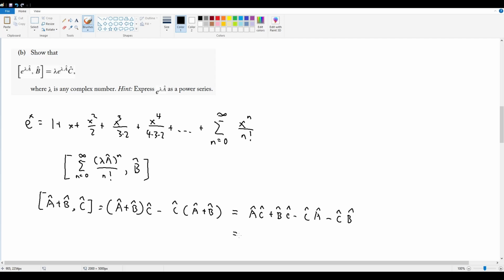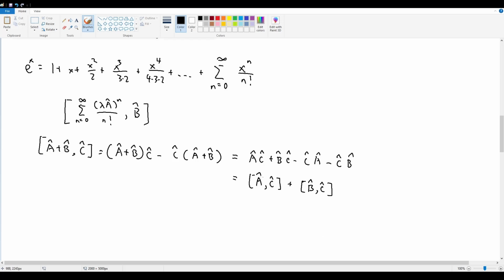And if I rearrange these, I get two commutators: a hat with c hat added with b hat and c hat. So we showed this a little while back, that we can distribute out these sums of operators in commutators. So in that case, this is the exact same, right?